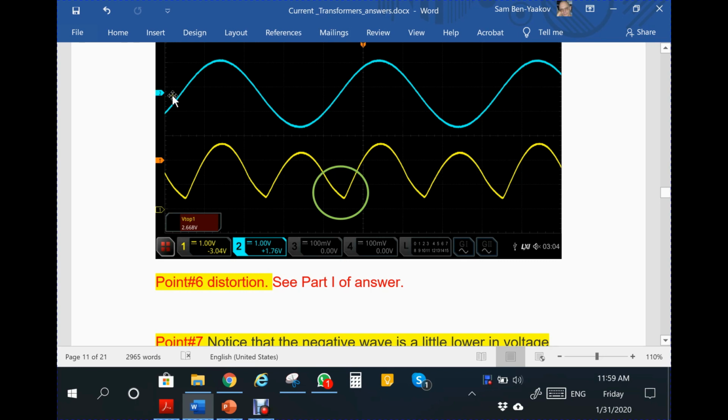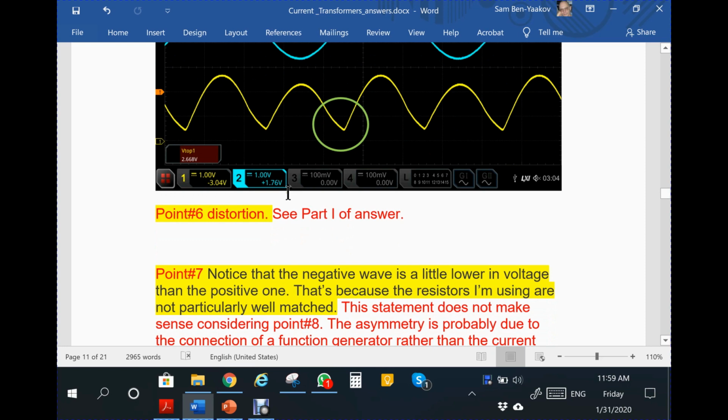This is the input coming from a function generator, which I would assume is sort of replacing the current transformer. And here we see a difference, and it is attributed to the fact that the resistors are not well matched.